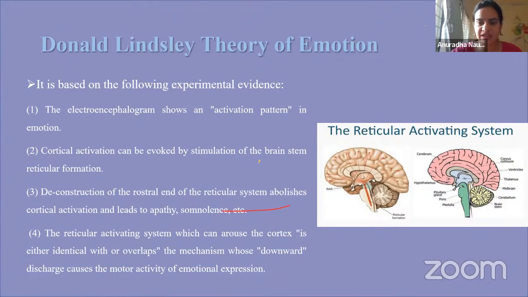The activation pattern can be seen through that. And what it means is that when RAS is not activated, when it's not functioning, it can lead to certain emotions like apathy in a person. So a person may not be able to experience emotion if the reticular activating system is not functioning properly.